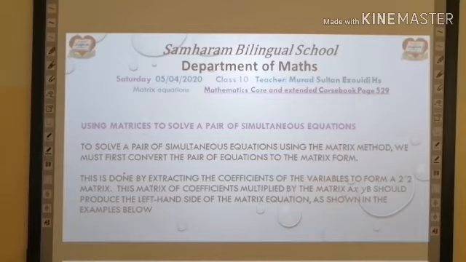To solve a pair of simultaneous equations using the matrix method, we must first convert the pair of equations to the matrix form. This is done by extracting the coefficients of the variables to form a 2 by 2 matrix.